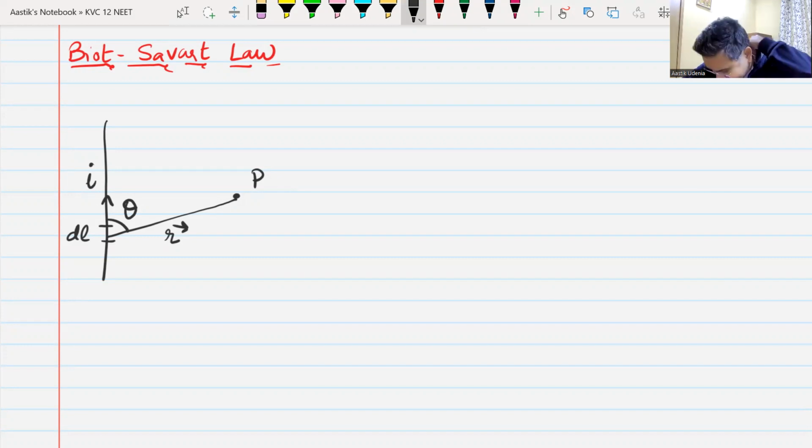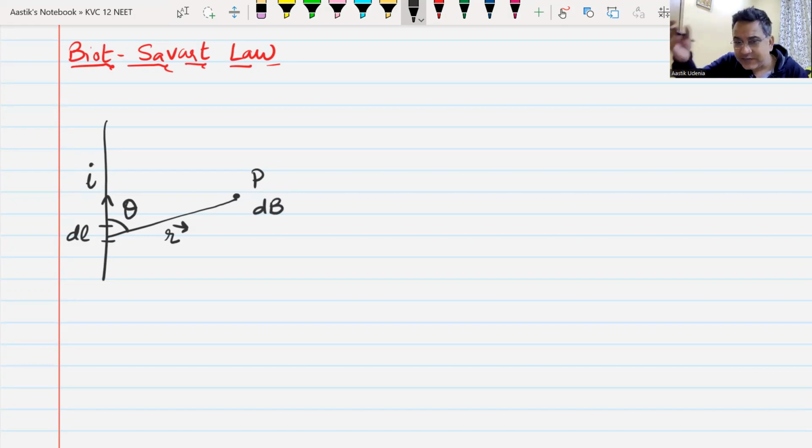Now, Christian Ørsted found out that a current carrying wire creates a magnetic field. Biot and Savart went ahead and said, let us find out how much magnetic field this wire creates. So they divided the wire into small segments. One small segment is known as a current carrying element. It creates a small magnetic field, so let me call that small magnetic field dB.